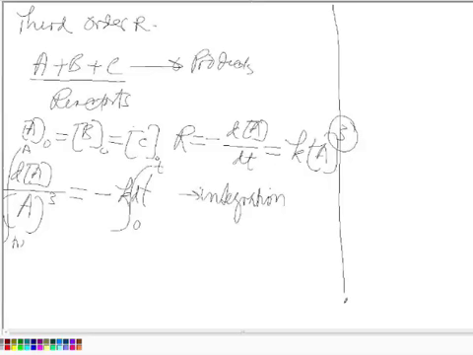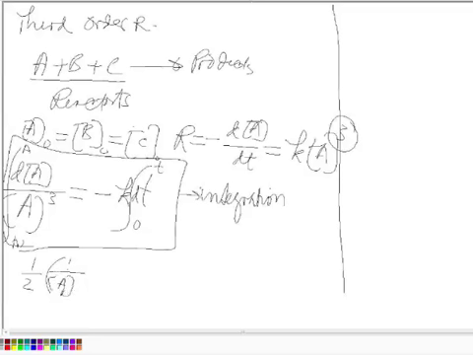What we will find from this is that one half, 1 over A squared minus 1 over A0 squared, equal to kt.